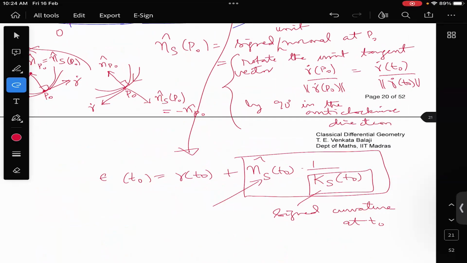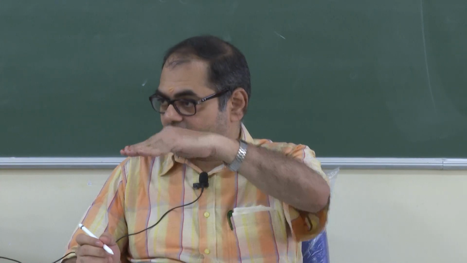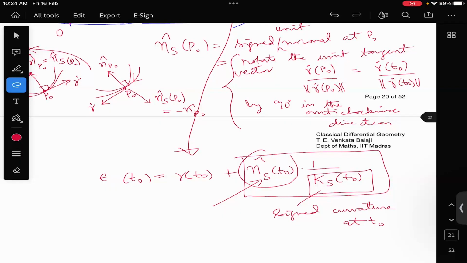It's analytic because I got it from the gamma dot by rotating it by 90 degrees, and it's completely mathematically defined, not geometrically defined. Rotating a vector by 90 degrees anticlockwise is a mathematical operation. It can be written down analytically, for example, in linear algebra using a rotation matrix. So this is analytically defined, and I have cleverly absorbed the sign into the curvature.